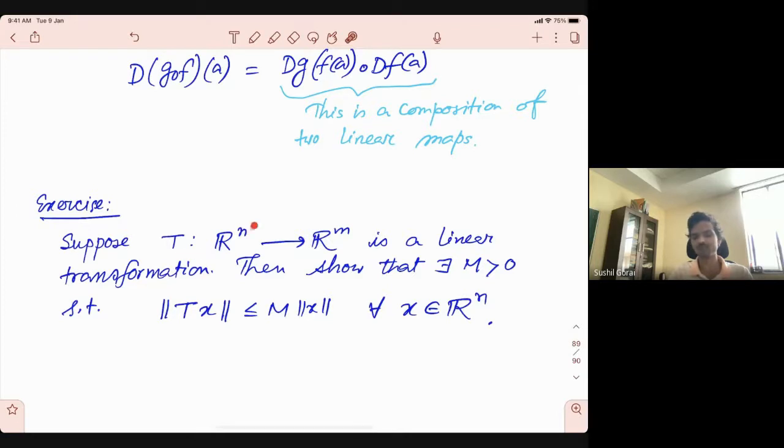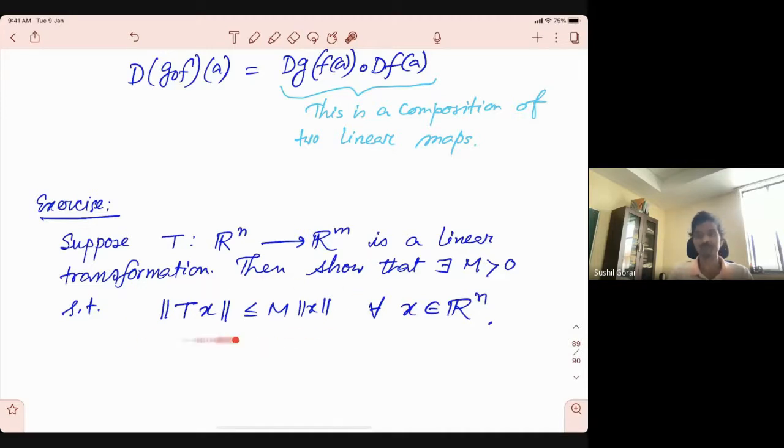For Rm, any linear transformation becomes continuous because of this. So this is a very important property.